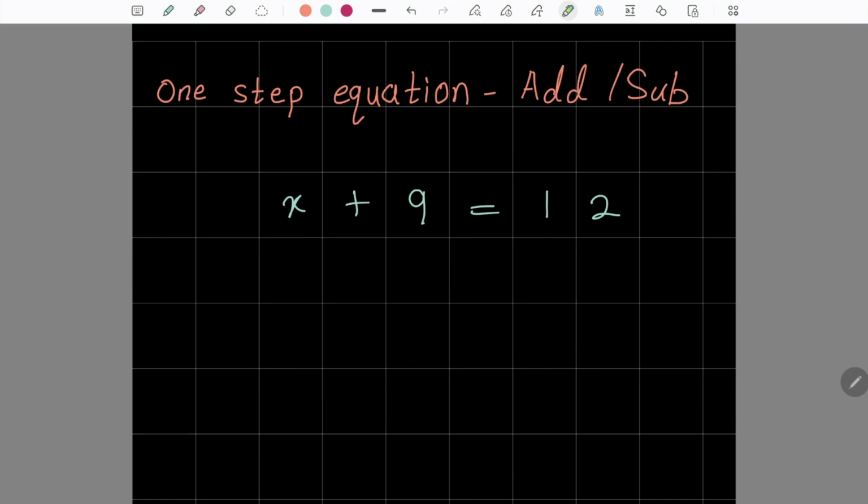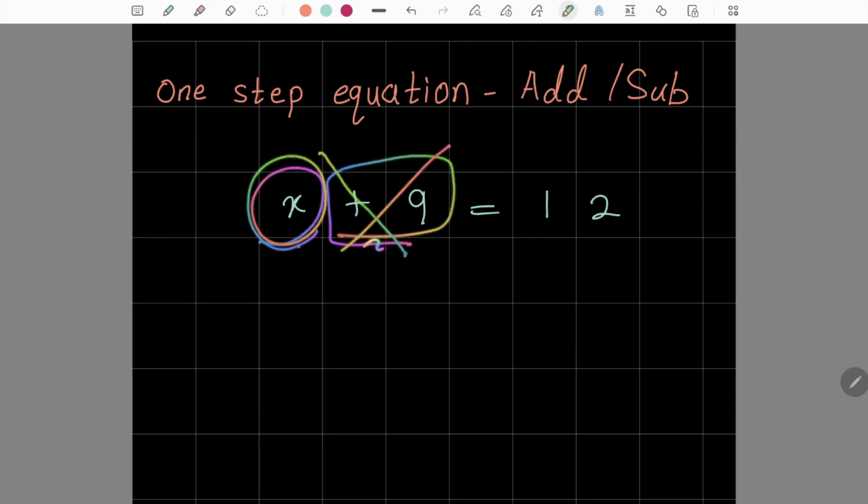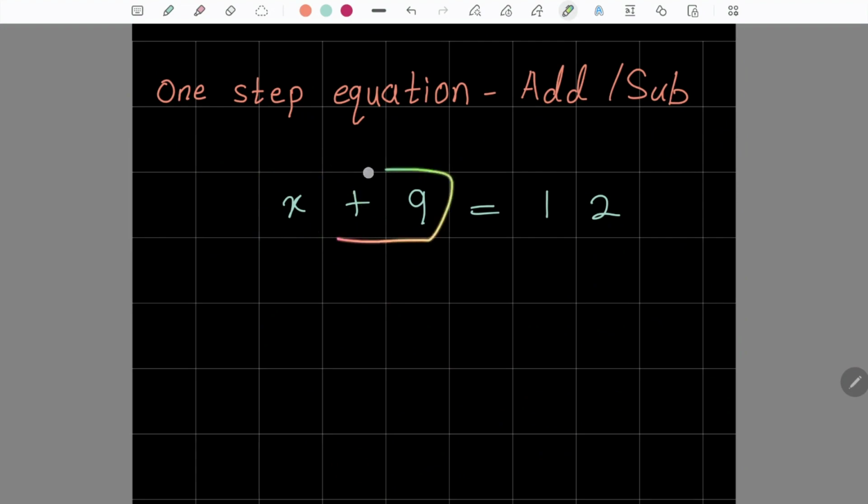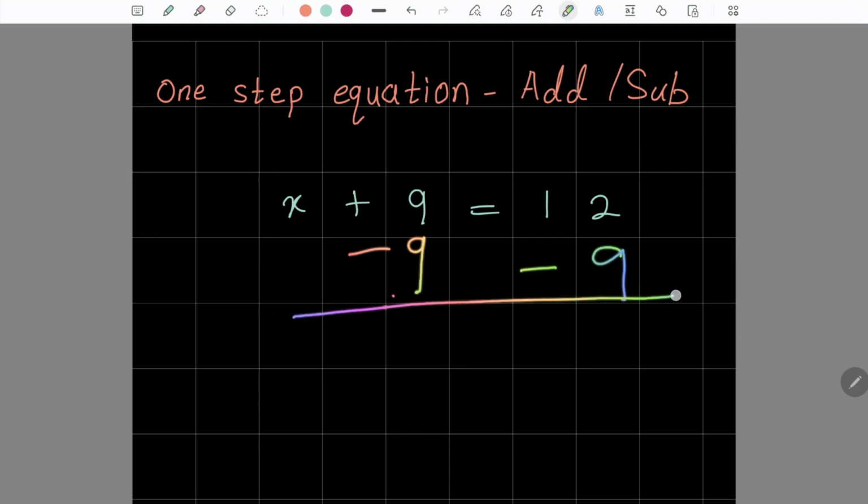But in this equation, we have a plus 9 over here. So we need to cancel this out to find what x is. So we know that if we have a plus 9, we can take away 9 to make this a 0, to cancel this out. But like I said earlier, if we are taking 9 away from the left side, we need to do the same thing for the right as well.